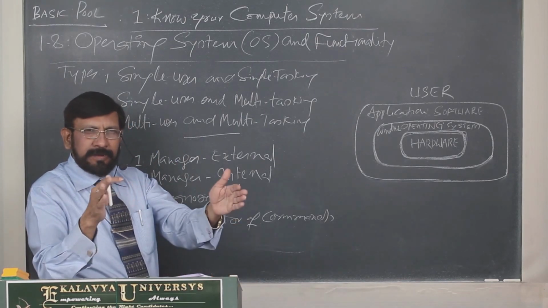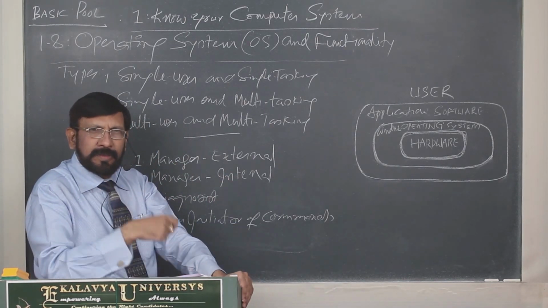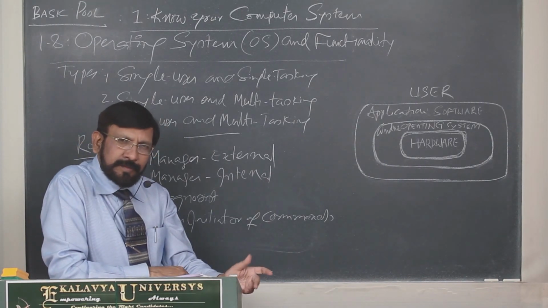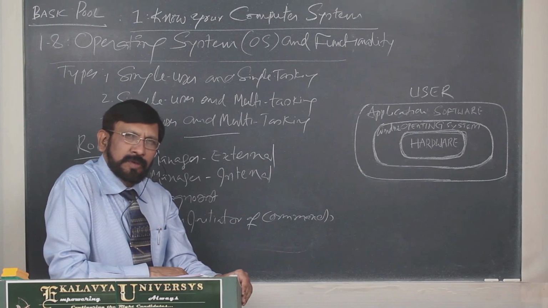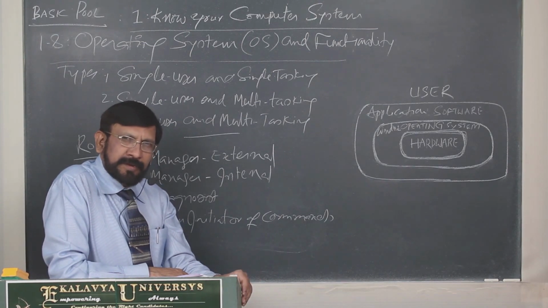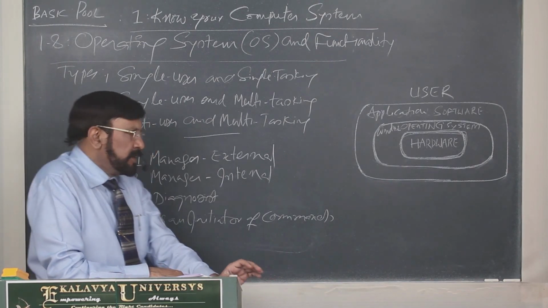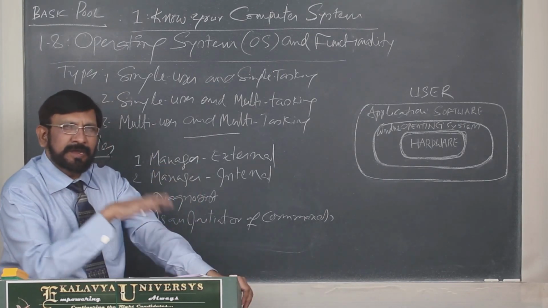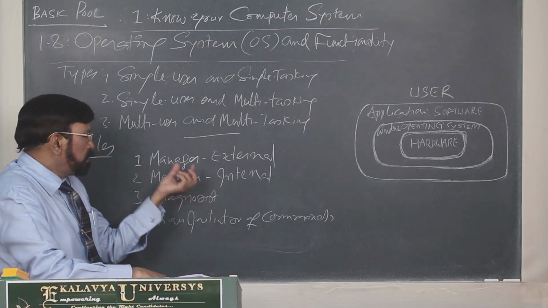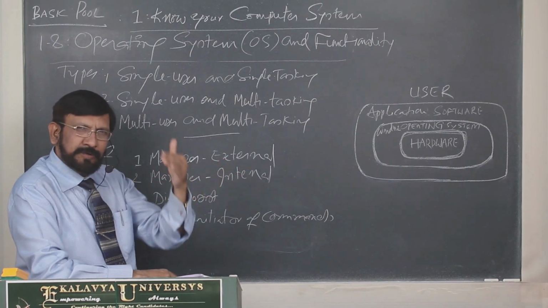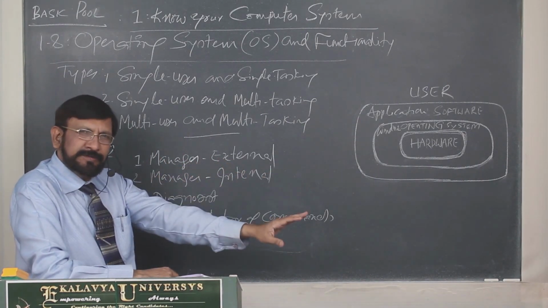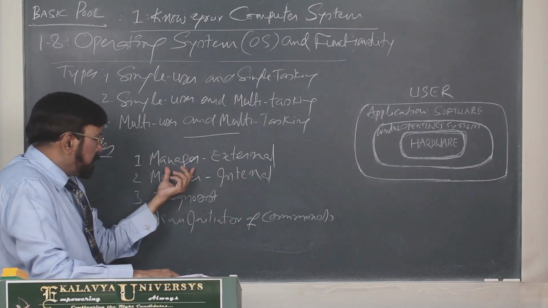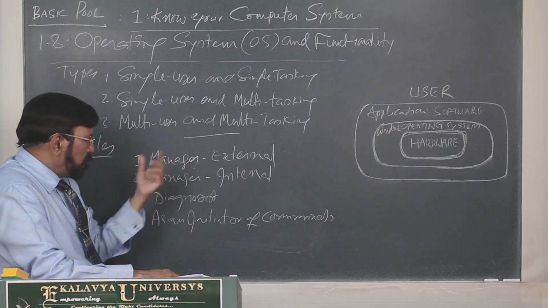Externally, if you take a system, a CPU, there are many external units like monitor, keyboard, mouse, printer, etc. So it manages external units in a controlled manner. All the external components work subject to the control of the operating system only.